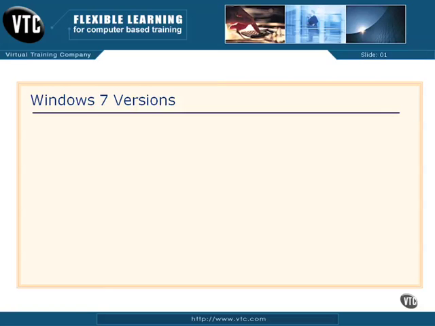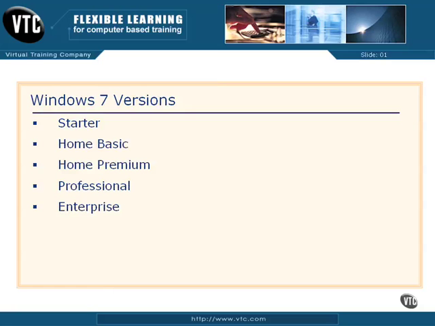And with Windows 7 now, Microsoft's got a number of editions, but apparently they're going to treat things a little differently. So let's first of all look at the versions of Windows 7 that you will see out there in the marketplace. First up is a version called Starter, then Home Basic, Home Premium, Professional, Enterprise, and Ultimate.